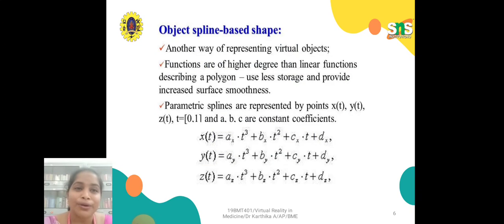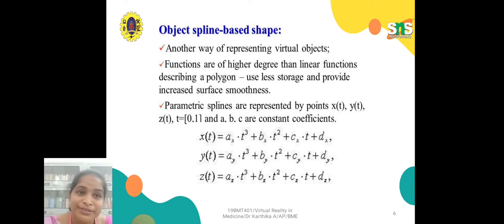See, spline based shape is another way of representing virtual objects. Here the functions are of higher degree than the linear functions describing a polygon. They use less storage and provide increased surface smoothness.